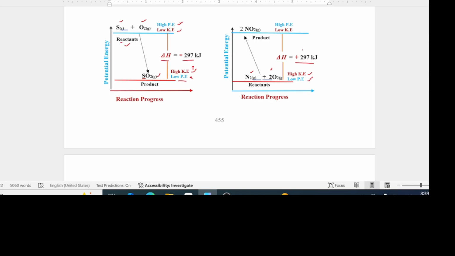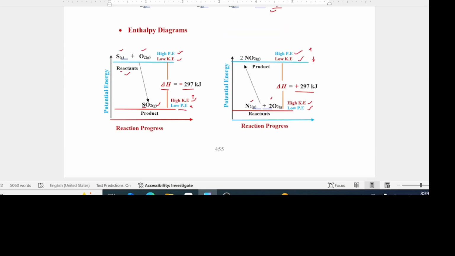But because they're absorbing energy now, they will have high potential energy but low kinetic energy, following the law of conservation of energy. Here we are seeing a gain in potential energy is commensurate with a loss in kinetic energy. So note those little points we're making there. So that's how we use enthalpy diagrams to represent enthalpy changes.